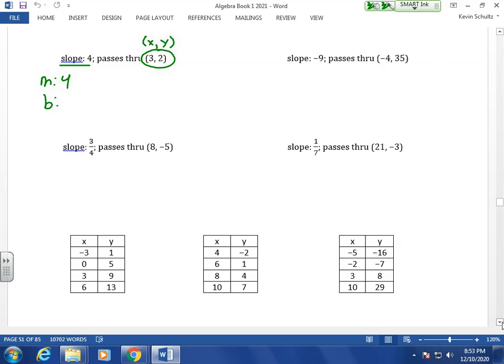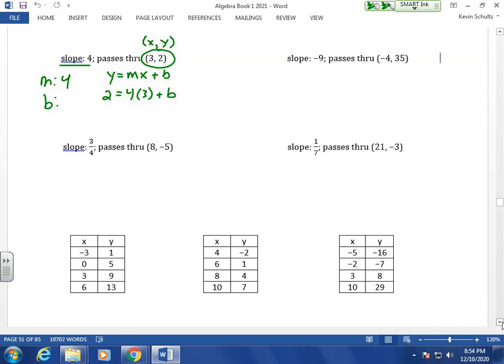So if we go to slope-intercept form, which is y equals mx plus b, we know what y is. Y is 2. We know what m is. The slope is 4. We know what x is. X is 3. And we're solving for b, which is okay, because if we have values for our other 3 variables, we can solve for b, right?